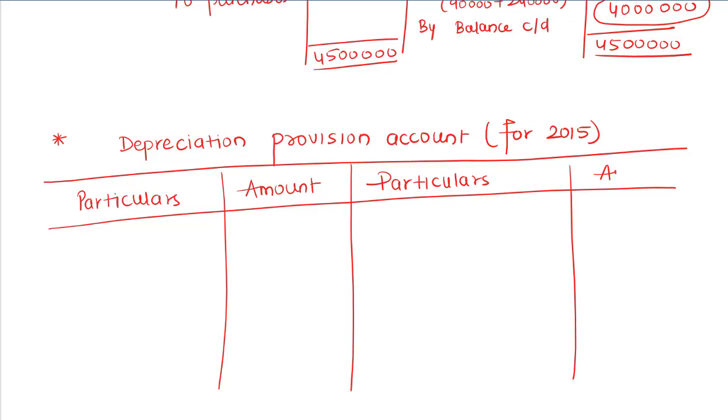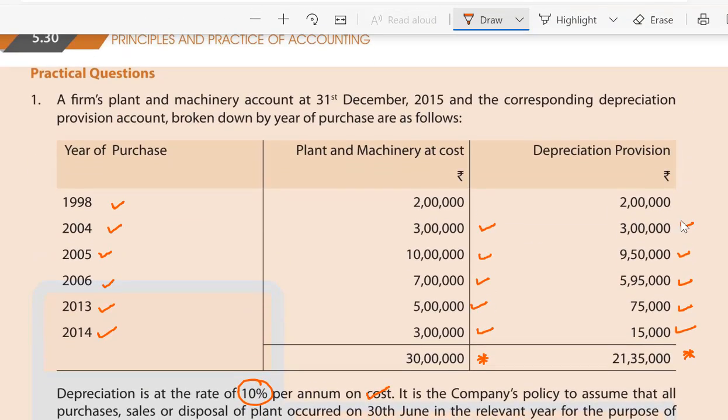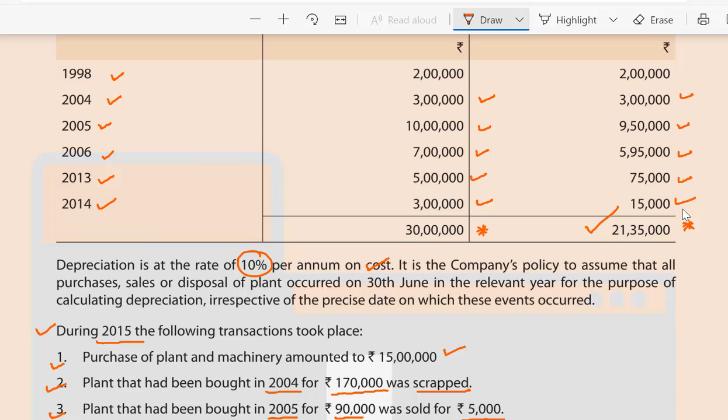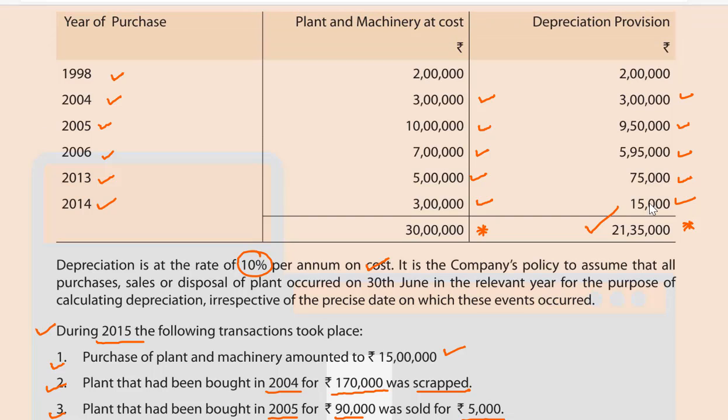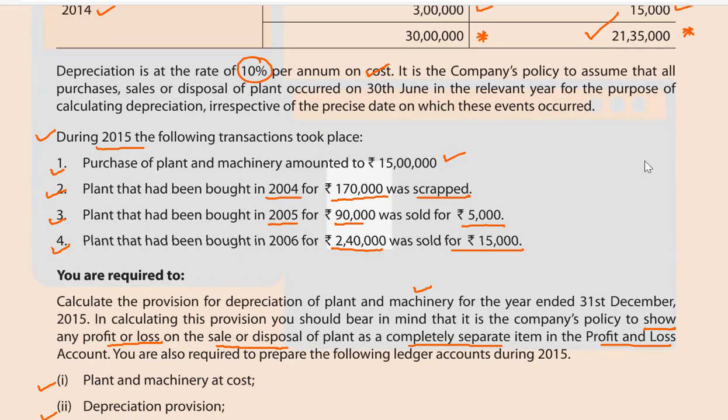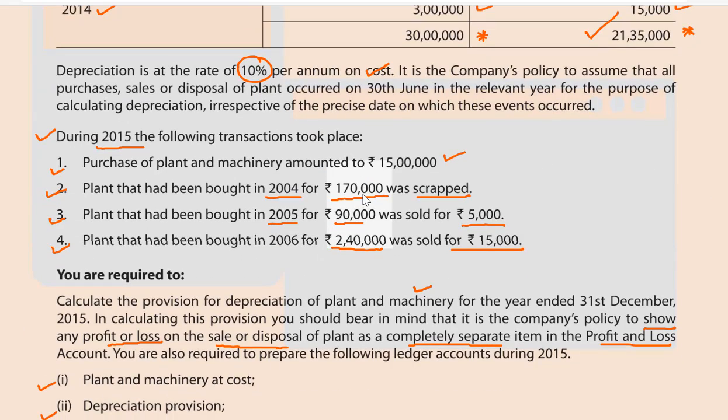By balance carried down 21 lakh 35,000. We have made some disposals also for 1 lakh 70,000, 90,000, and so these are the disposals that we have made.